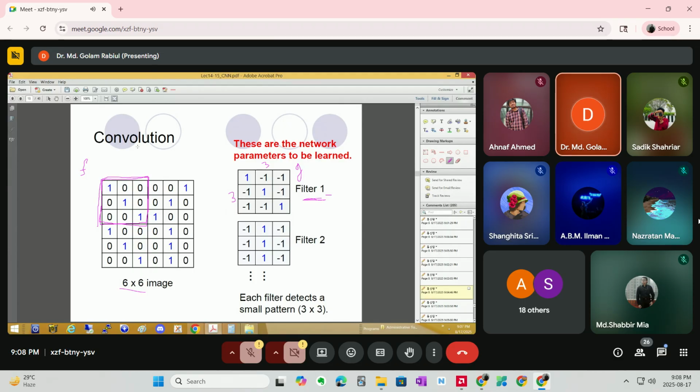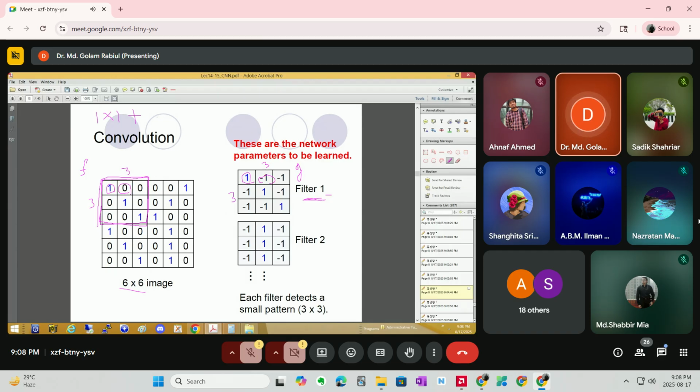3 by 3 patches. And now we have to perform just the dot products. Here we can see 1 times 1, that is 1, plus 0 times negative 1.